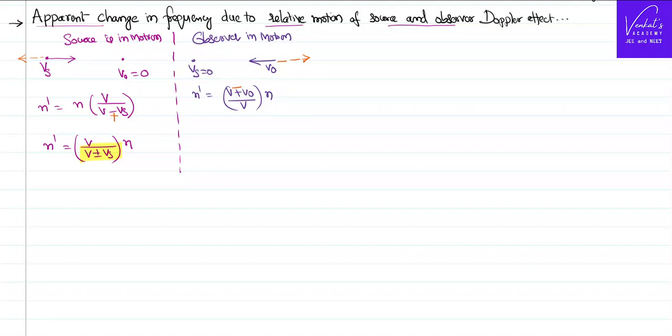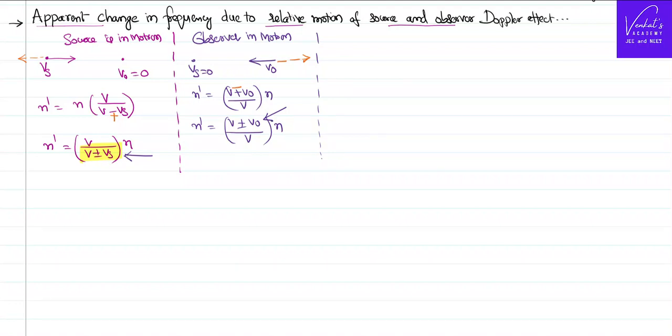So the general equation is n dash is v plus or minus vo by v into n. That's when the observer is in the state of motion. So what you can notice is when the source is in motion, you see the effect in the denominator. When the observer is in motion, you see the effect in the numerator of the equation.